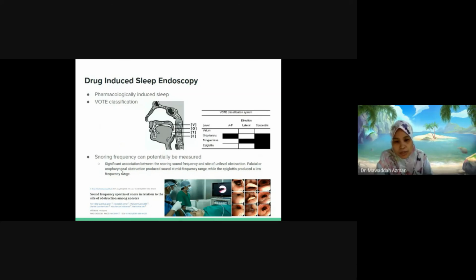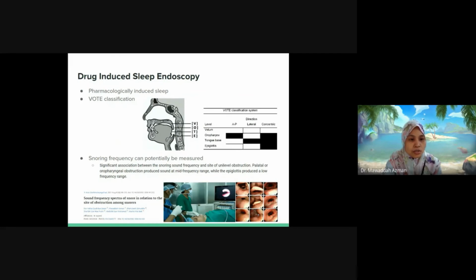We found a significant association between palatal or oropharyngeal obstruction as compared to epiglottal obstruction. Epiglottal obstruction produces a low frequency snore, while palatal or oropharyngeal obstruction produces a snore in the mid frequency range. So this is also a potential application whereby drug-induced sleep endoscopy would help us locate the critical sites of obstruction in patients with obstructive sleep apnea.